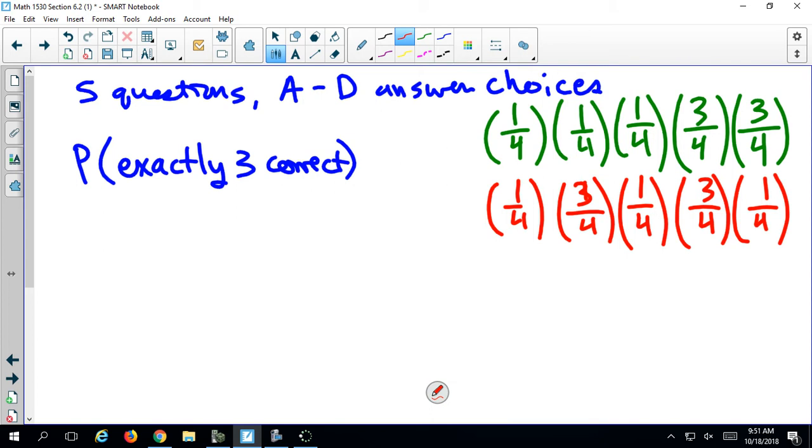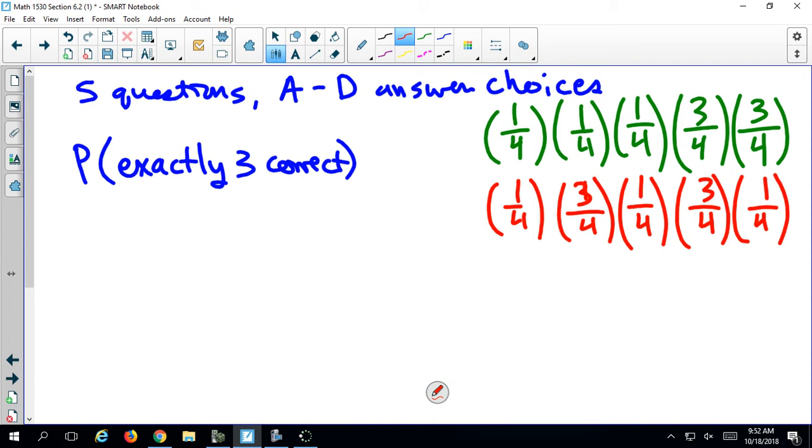So that's also 3 correct and 2 incorrect, right? So we would have to multiply all that out and get that probability. And are there other ways? Yeah. So using the old method here, we would have to figure out all the different ways we could get 3 correct and 2 incorrect and multiply all that out and add all those probabilities together, and it would be very tedious, right? So we have a better way.